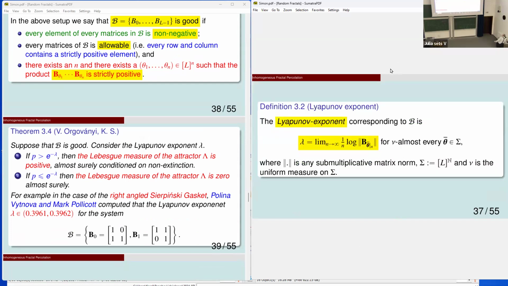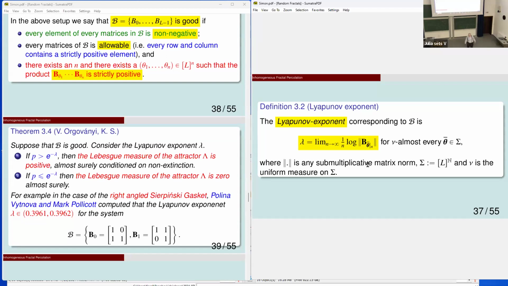It's here. So we compute the Lyapunov exponent. It is completely naturally defined from these matrices B. So you compute the Lyapunov exponent, and if this Lyapunov exponent is bigger than e to the power negative lambda, then the Lebesgue measure of the attractor is positive. If it is smaller than or equal to, then it is 0.